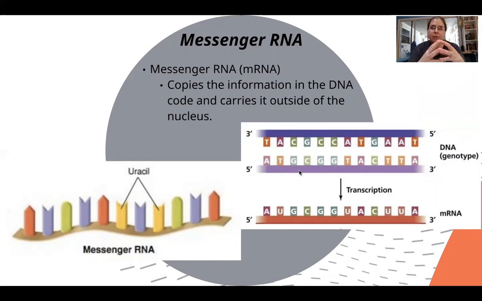Well, all the stuff to make protein is located outside the nucleus in the cytoplasm. So the point of mRNA is to get just the pertinent information, so just the information for this one gene that we want to create the protein for. So we're going to take just that information, move it outside of the nucleus to the cytoplasm, to where the resources for protein synthesis are. All right.